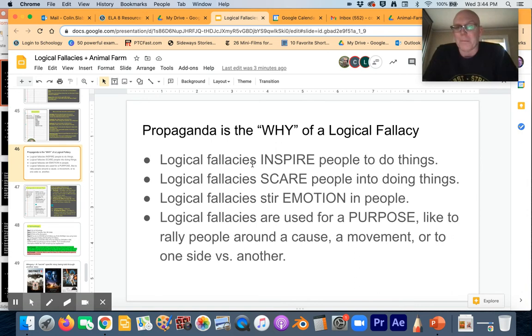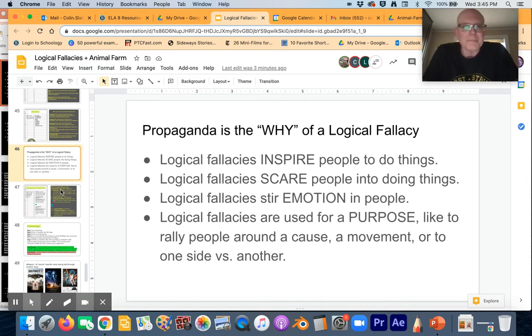They scare them into doing things. They stir emotion. And all of that is being used in propaganda to get something to happen. There's a purpose, right? Everyone uses propaganda to get something to happen, to get what they want, to rally people around a cause or movement or one side versus another. So logical fallacies are the tool to get to the purpose of propaganda.